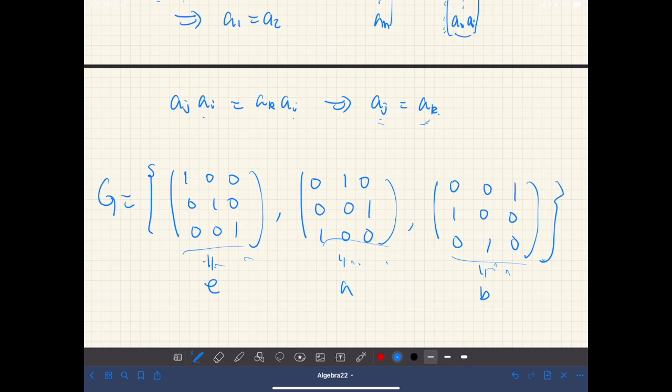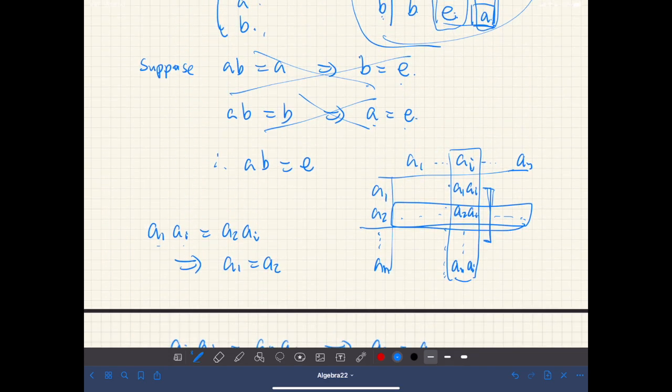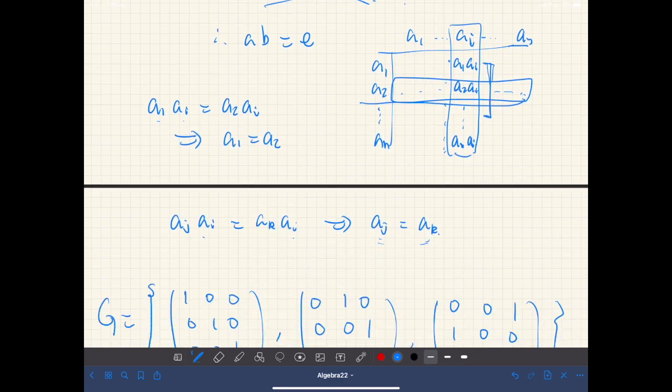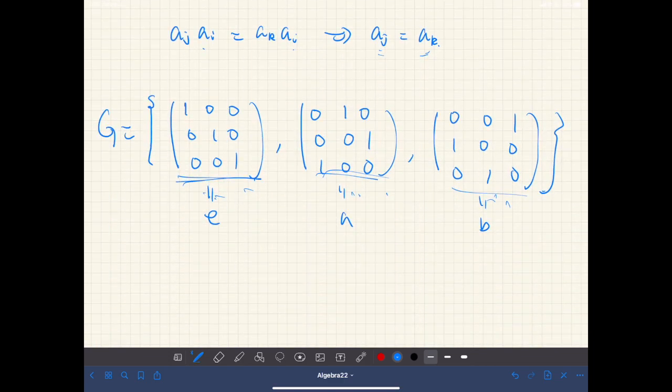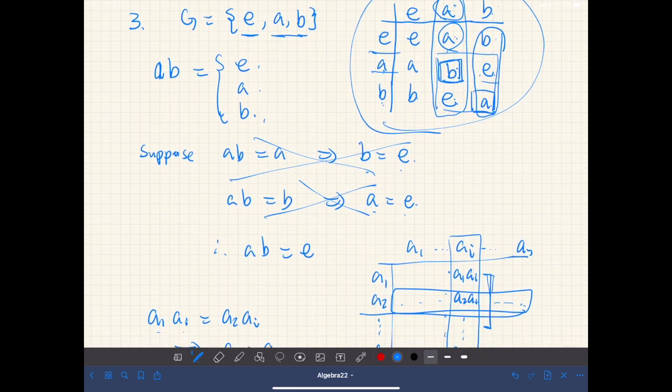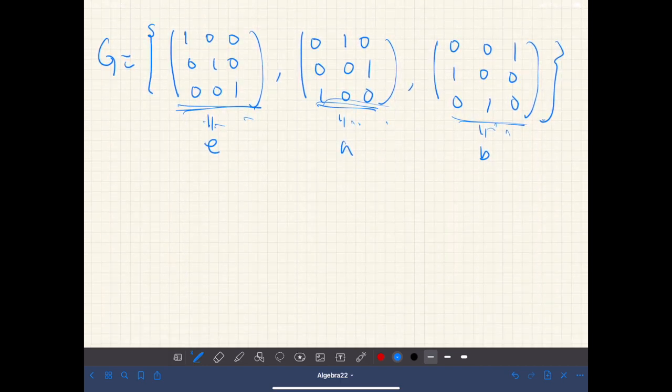So just multiply this and this, and that will correspond to this times this. This is just the identity matrix, so it should be trivial. And if you multiply A and B in this order, the result should be the identity matrix, and so on.